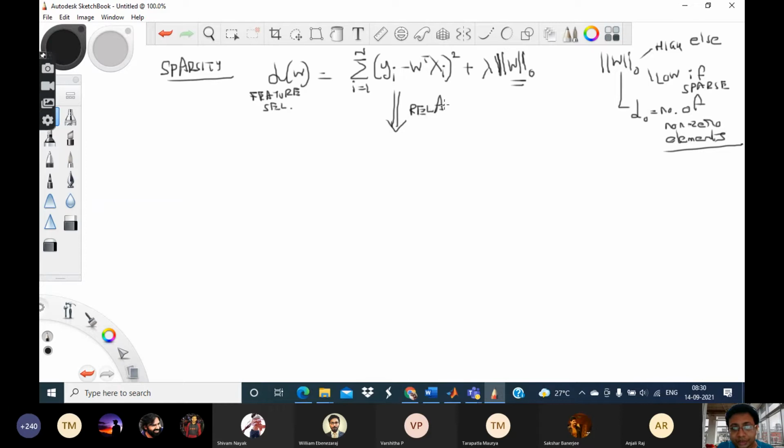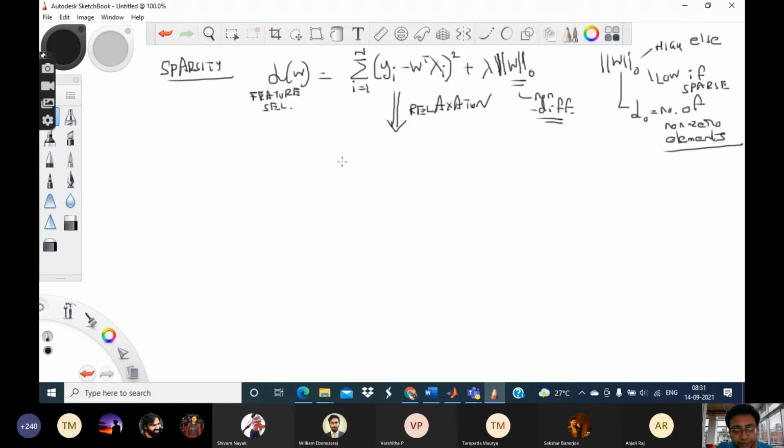What I mean by relaxation is that instead of using this non-differentiable function as the regularizer, I replace it with an alternative regularization function which is differentiable, or at least which you can solve with the help of an algorithm, but the value that new function takes will not be very different from this value.